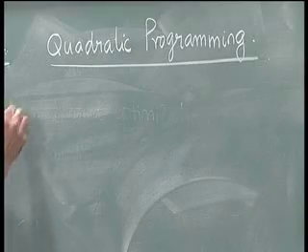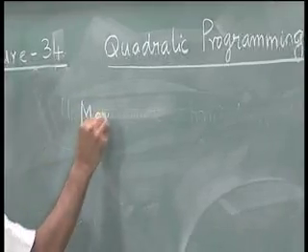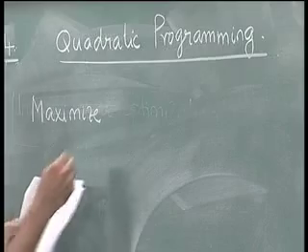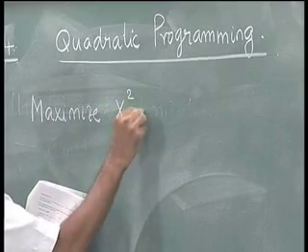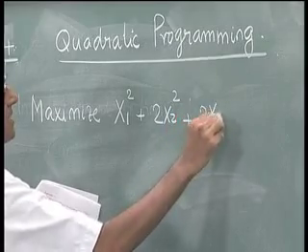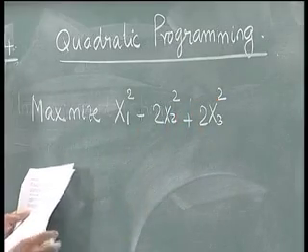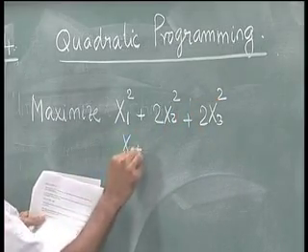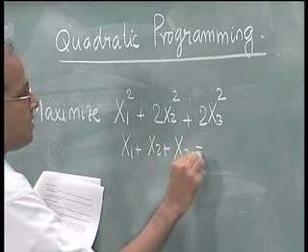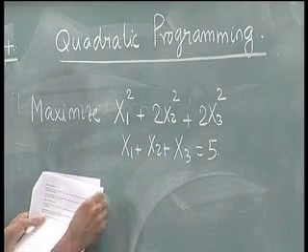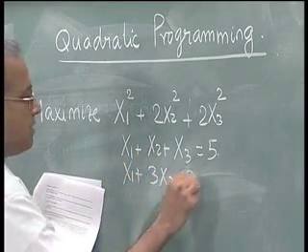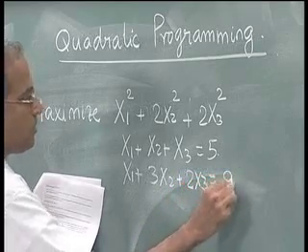Now, let us look at a problem like this. Maximize x1 square plus 2x2 square plus 2x3 square subject to x1 plus x2 plus x3 equal to 5 and x1 plus 3x2 plus 2x3 equal to 9.